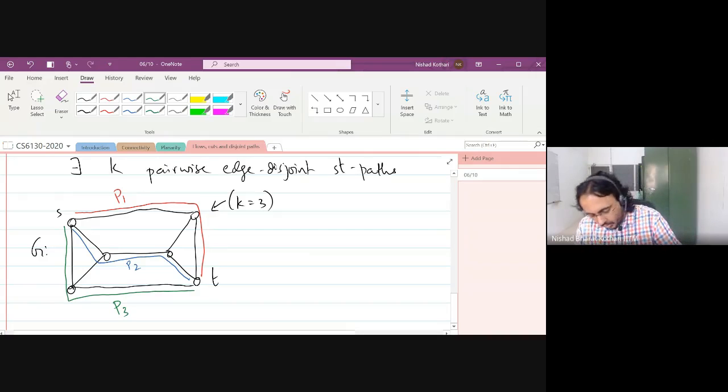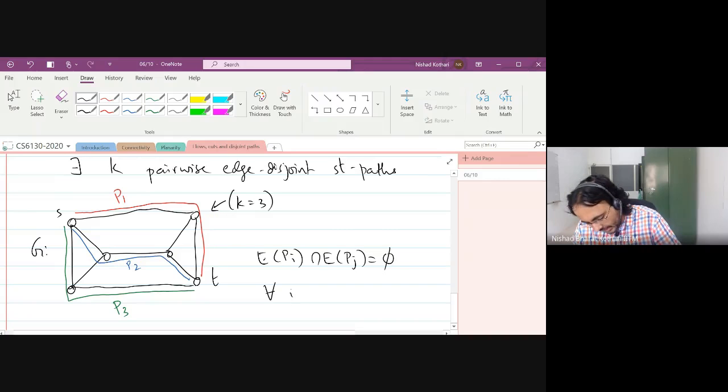And notice that the edge set of Pi intersect edge set of Pj is empty for each i, j in 1, 2, 3.